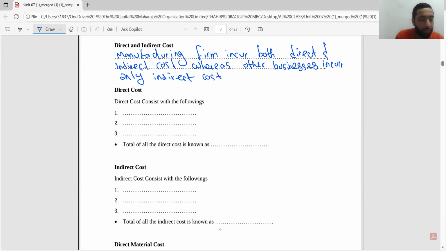Direct cost consists of three. I think once we write this, the O-level commerce subject students will be able to understand this. Huh? If you have done O-level commerce, you all will remember this.